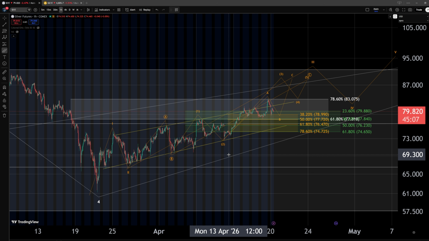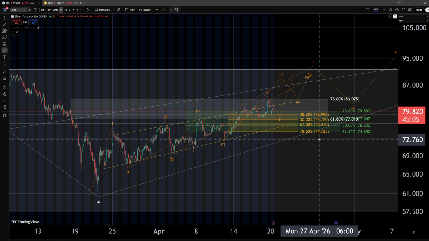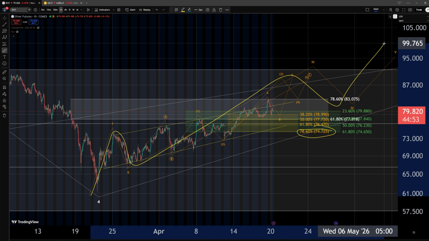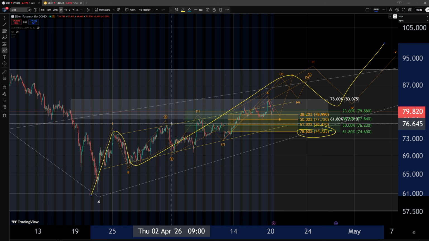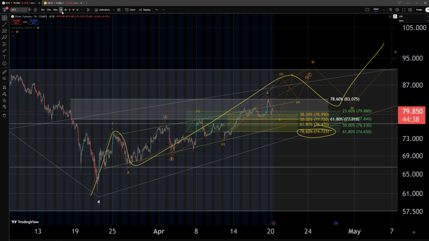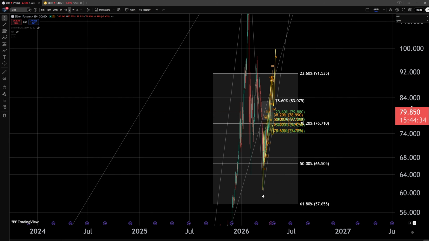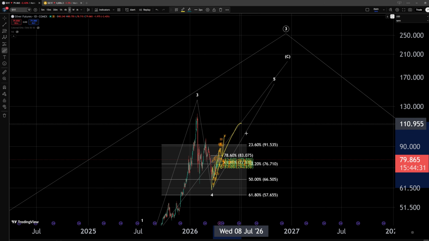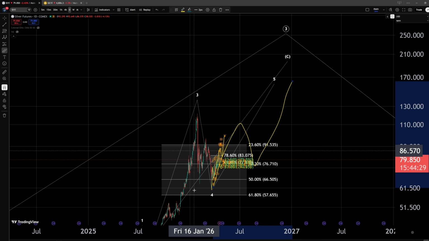I actually have extremely clearly defined levels of support where if we break below the 78.6% retracement here, we would know this pattern, this initial 5-wave move to the upside within a leading diagonal, is most likely not going to happen. Now, given that overall, on this chart, we are tracking to build an ABC pattern within this as a larger wave 5, it doesn't need to happen.